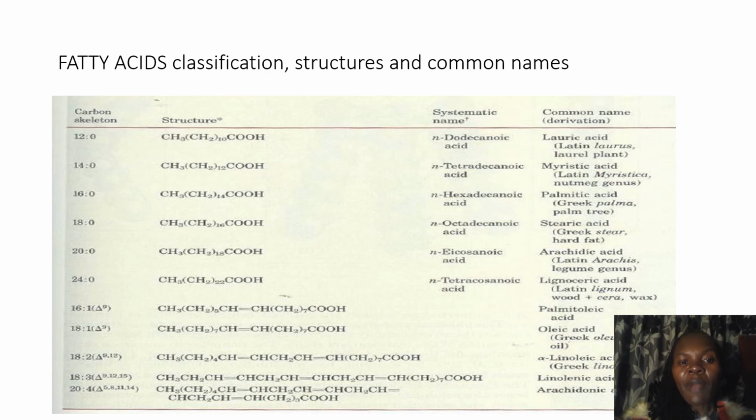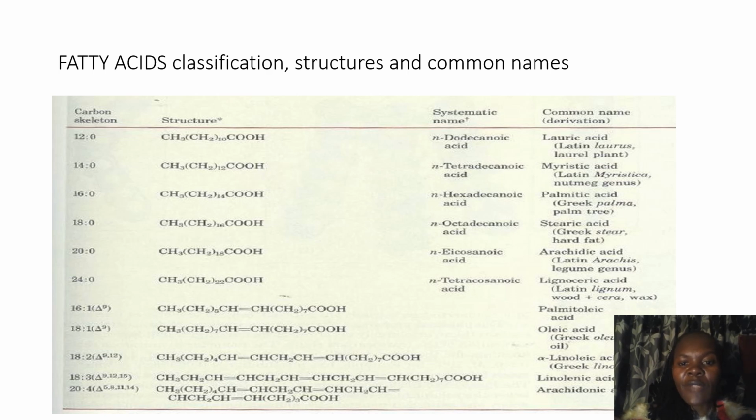But based on the number of carbons, structure, and the common name, you can see C12:0 is lauric acid. Myristic acid or myristate is 14:0. 16:0 is palmitic acid or palmitate from the palm tree. And then we have stearic acid, which is C18 colon 0.